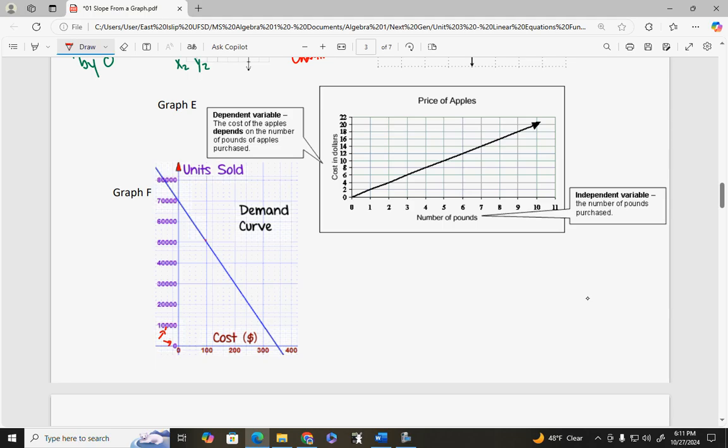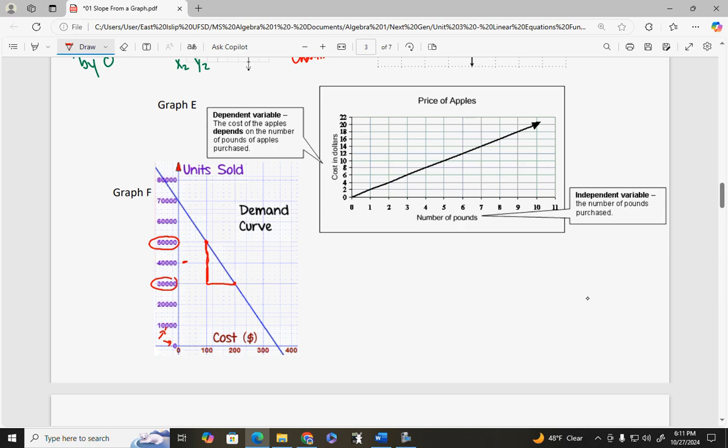If I pick this point and this point, if I were to count, it's not just the number of boxes. I have to go by my scale over here if I were to count. So I'm definitely going downward, so it's definitely negative. How much am I going downward? Well, don't count your boxes. Look at your scale.